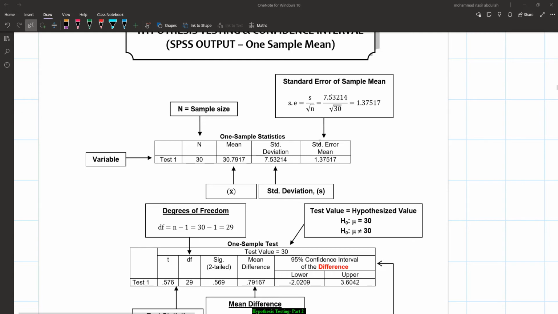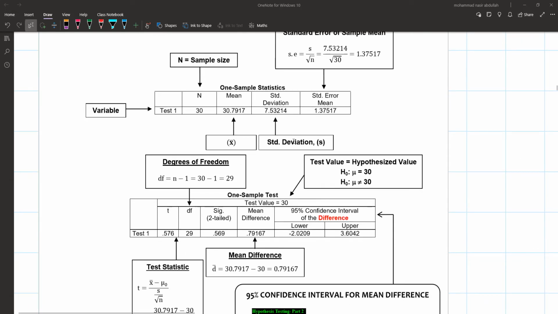So let's say we want to do a one sample t-test, right? So let's say the value of the hypothesis is equal to 30. Right, this is the null hypothesis. So in SPSS it cannot give a one tail test, it will give a two tail test.